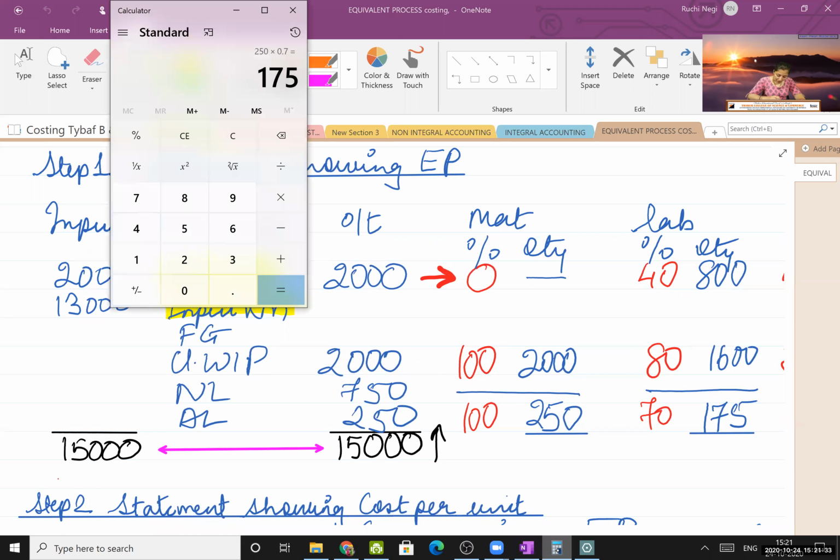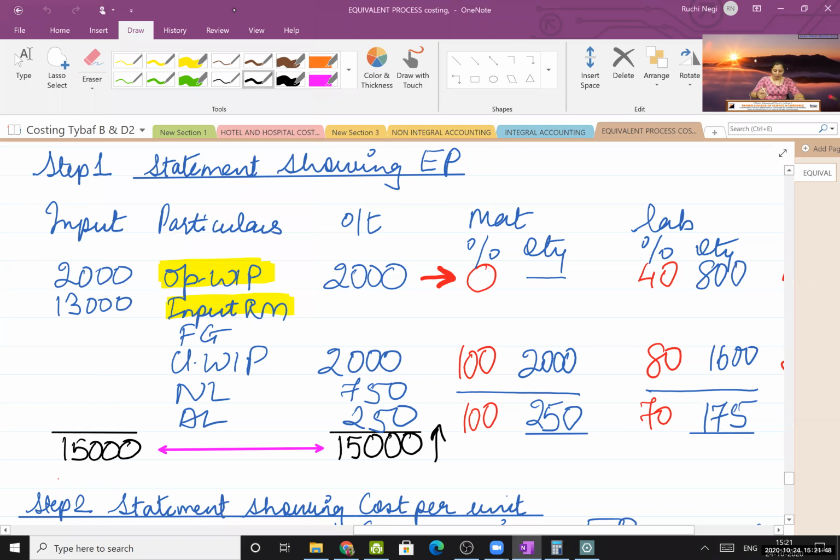So 15,000 minus 250 minus 750 minus 2,000 minus 2,000. So 10,000. So finished goods is how much? 10,000. Okay.